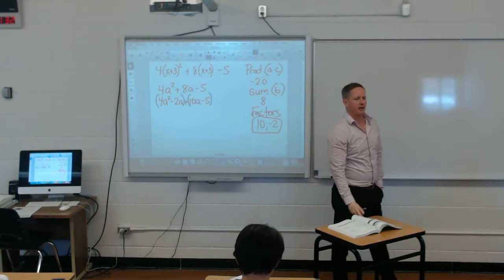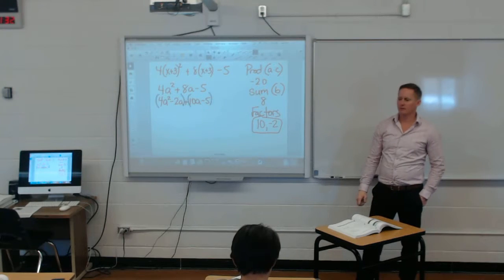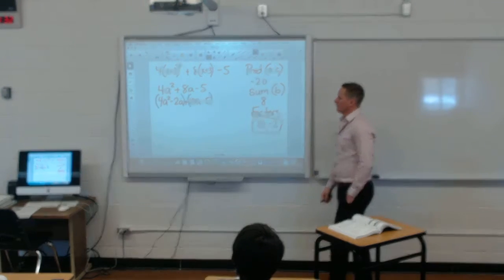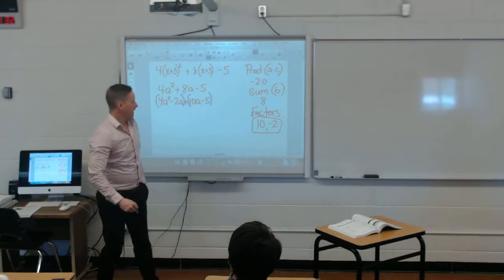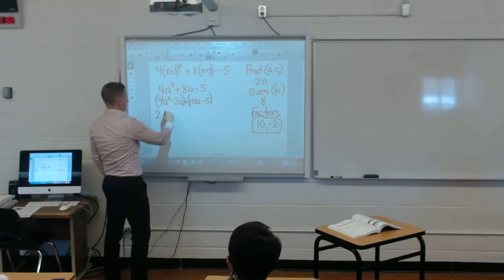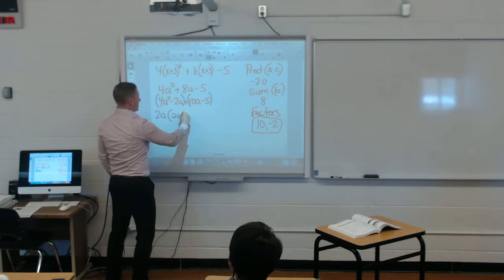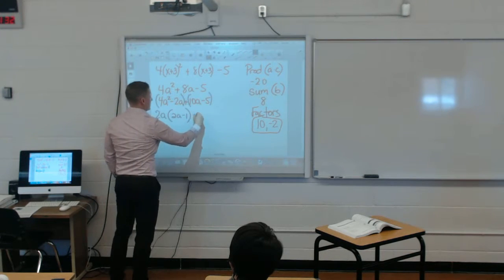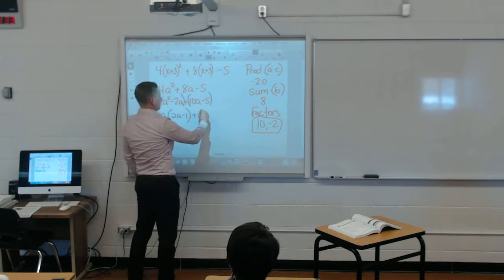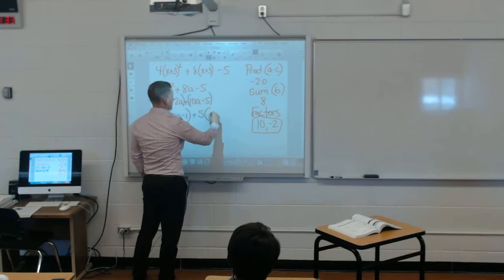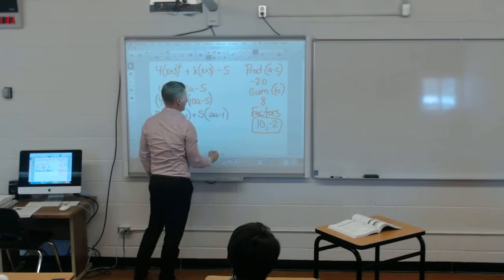And then what do I do from here? Factor out. What can I take out of 4a squared minus 2a? 2a. It's going to leave me with 2a subtract 1 plus. What can I take out of there? 5. It's going to leave me 2a subtract 1.